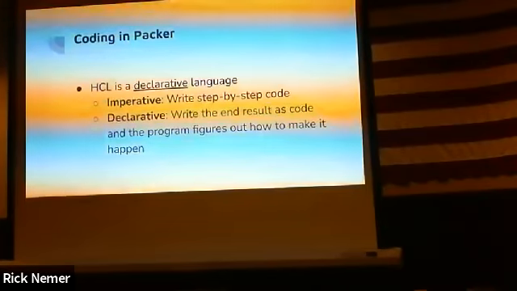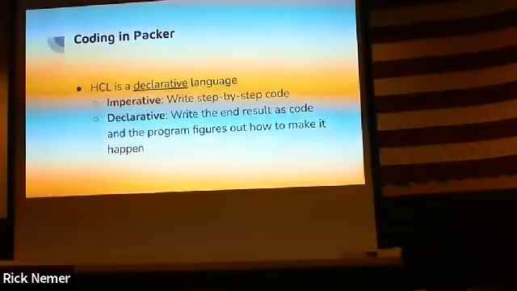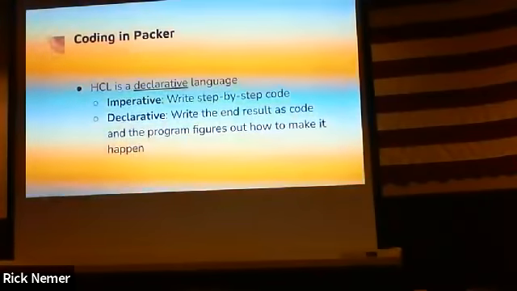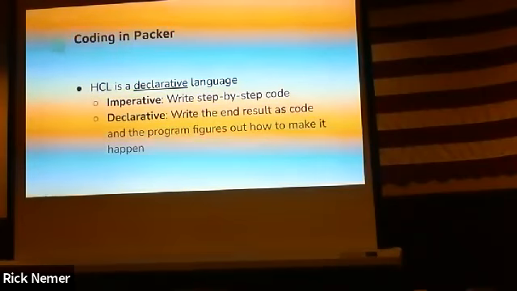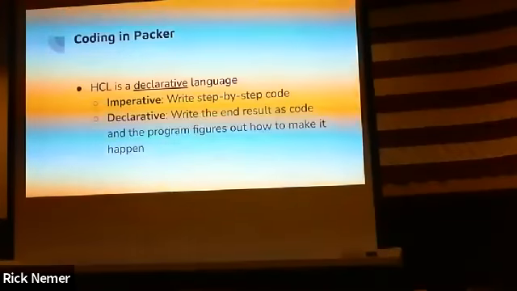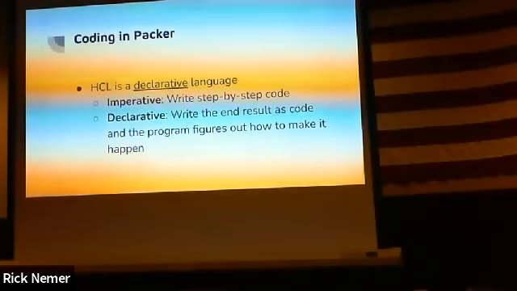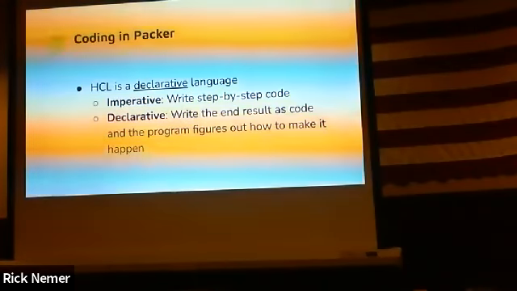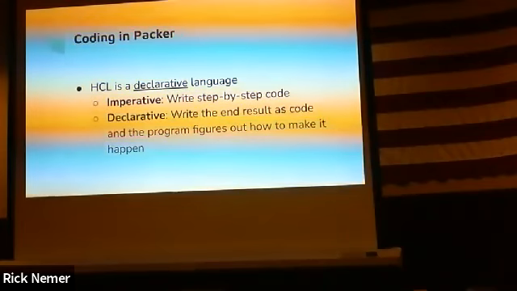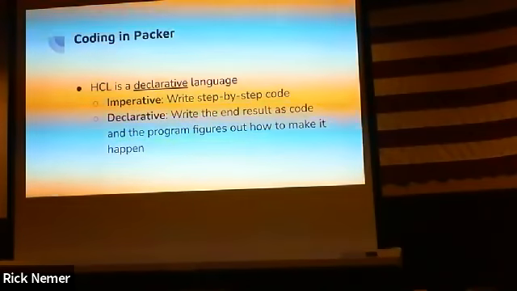So the distinction here is that HCL is a declarative language. If you don't know the difference, there are basically two schools of thought when it comes to making a programming language to begin with: imperative and declarative. Imperative is what we think of whenever we think about most programming type work, right? It's step-by-step code. Read this variable in, do this thing, run this loop, we're done.